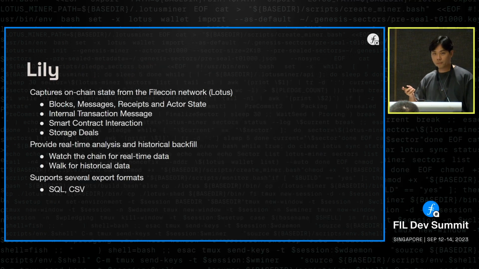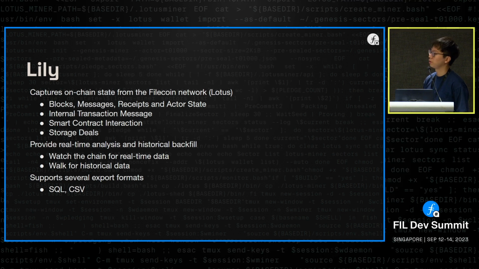So next, we will deep dive into Lily, and I'll hand over to our main developer, Terry. Hi, everyone, I'm Terry. Lily is a service to capture the data from the Filecoin network, particularly from Lotus. Lily can get basic data like blocks, messages, receipts, and actor state.